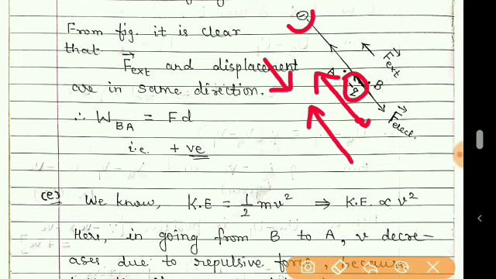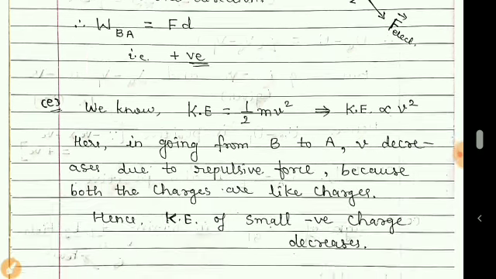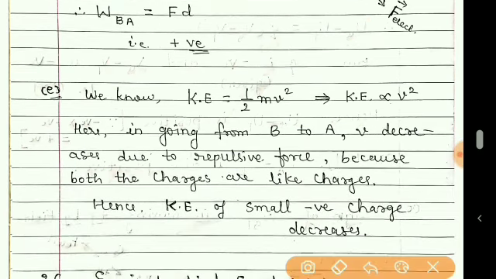And we know that the kinetic energy is related to the velocity also, and if the velocity decreases, definitely the kinetic energy will also decrease. So I hope you understood this example.